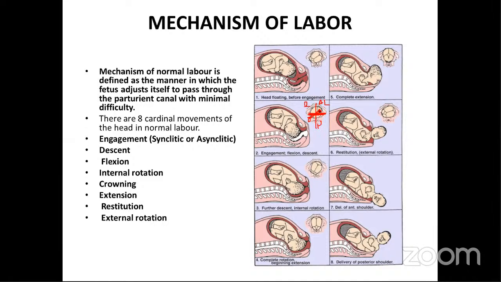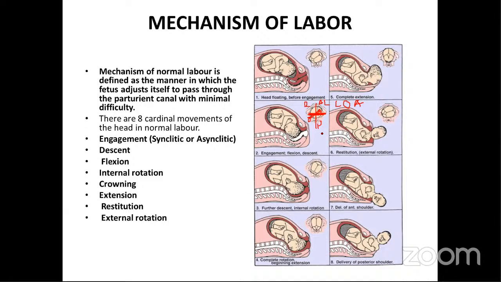So when the occiput is lying in the anterior part of the pelvis on the left side of the mother, what position is it called? Anybody? That is the most common position the baby will present in, that is LOA, left occipito anterior. So in this stage of the labor, you will be able to assess that the fetus is lying in a left occipito anterior position.